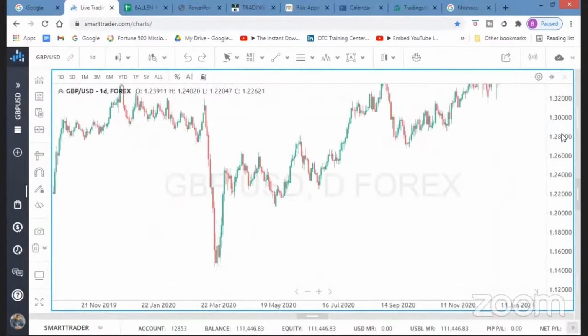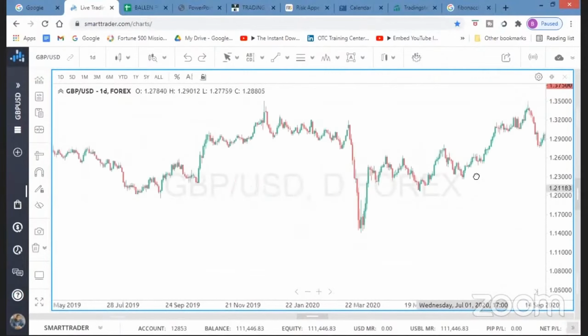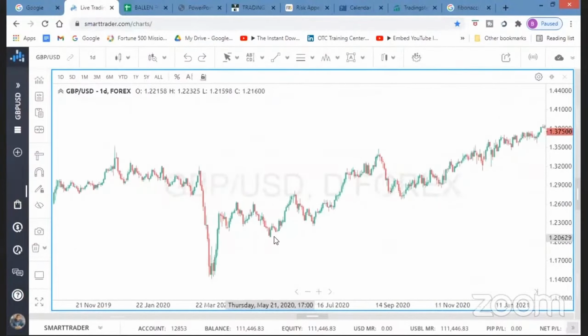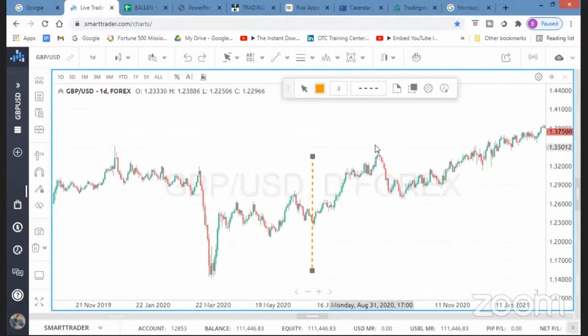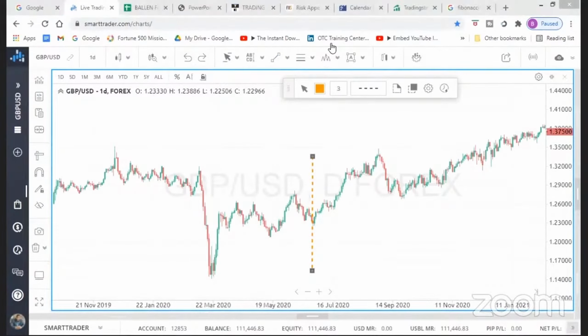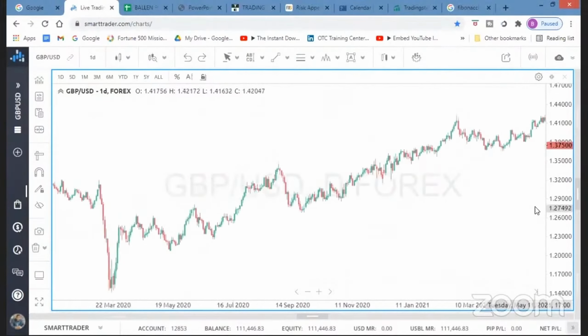So if we're looking at this chart, I don't care if you're brand new or you've been trading forever, does this market move straight up and down, or does it move in waves? It moves in waves, right? So we have to agree on that. That's all it is for now, okay? We have to agree that this market that we see right now is moving in waves.